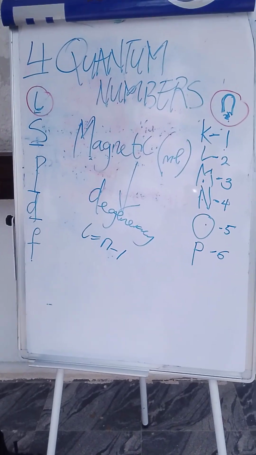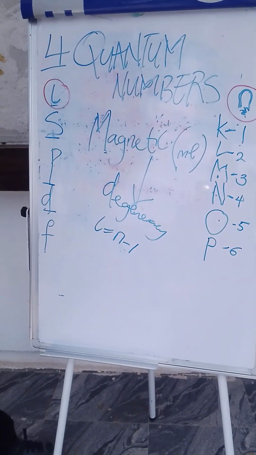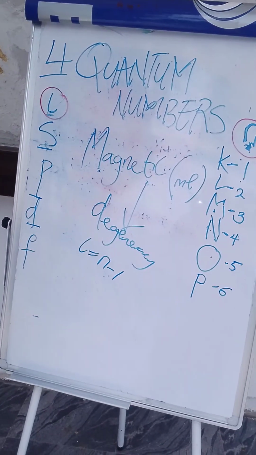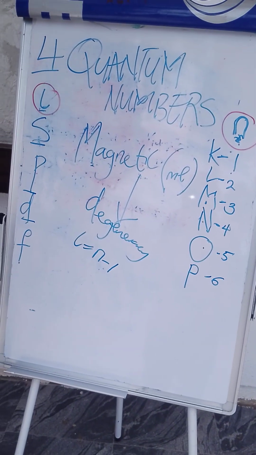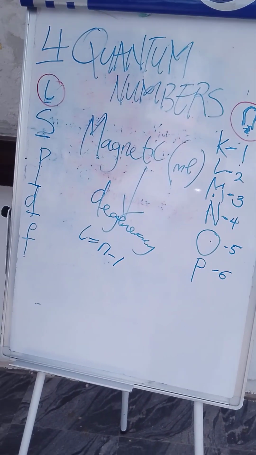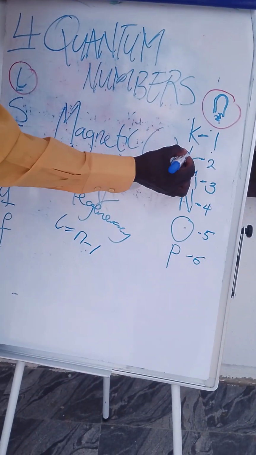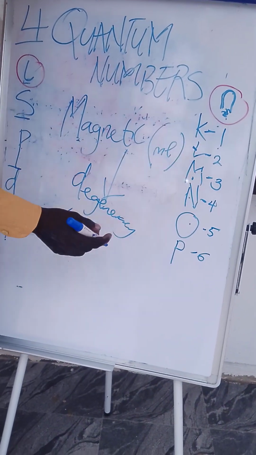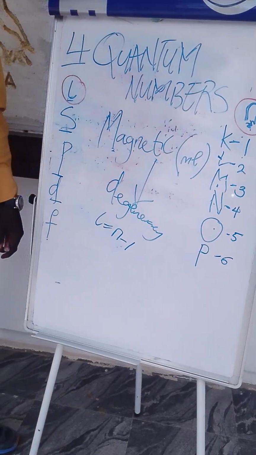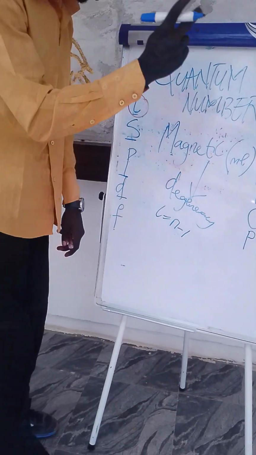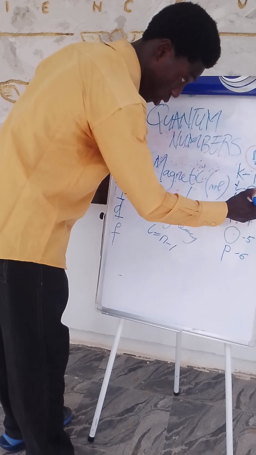So if they say, find the magnetic of the L shell. The number of shell of L is 2.